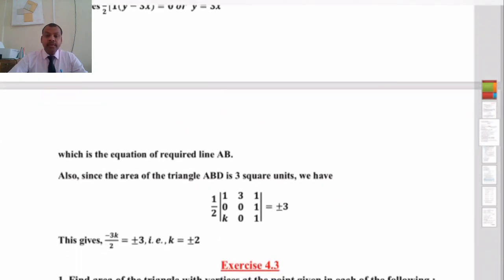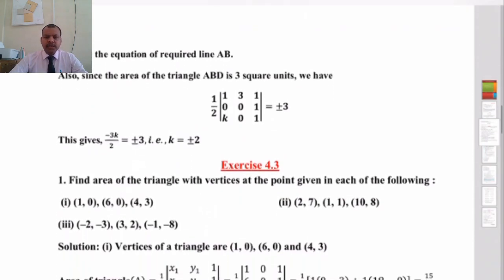So here we will use both positive and negative values of the area 3 square units. So this is half times the determinant with the coordinates of A, B, D: 1 3 1, 0 0 1 and k 0 1, equal to plus minus 3. Then we expand it and we get minus 3k upon 2 is equal to plus minus 3, that is k is equal to plus minus half.